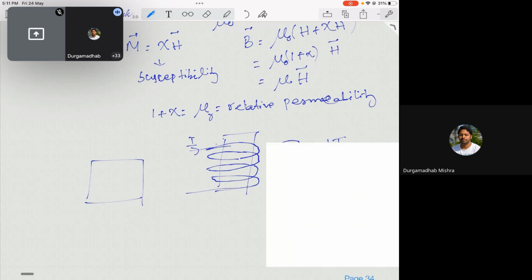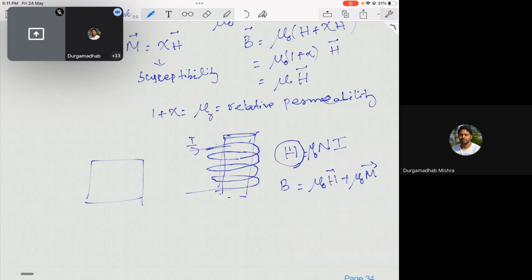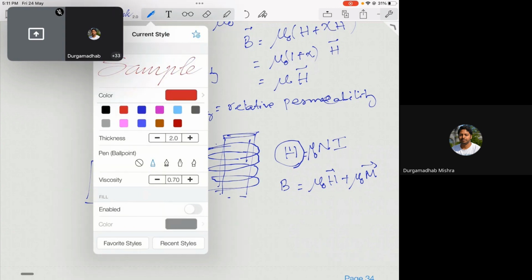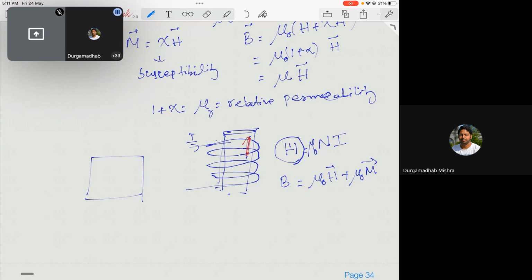If I put a ferromagnetic material, I can induce a magnetization M, which will change the B field, the sum of mu naught H plus mu naught M. And this M is purely a material property. Its value depends on whether it is a paramagnet, ferromagnet, or whatever kind of material it is. It can be very huge, it can be small.